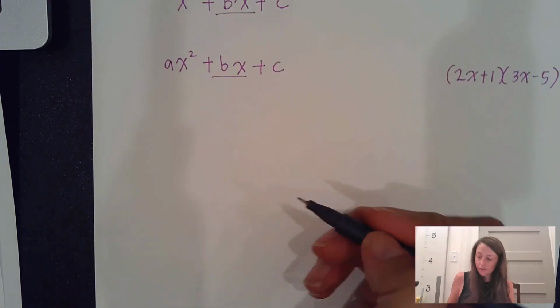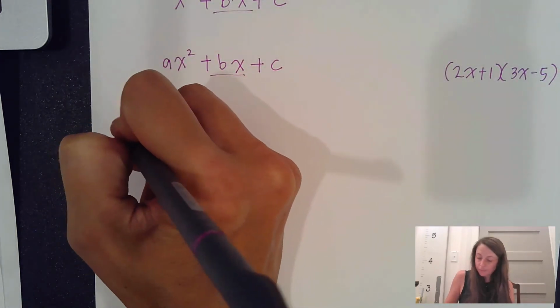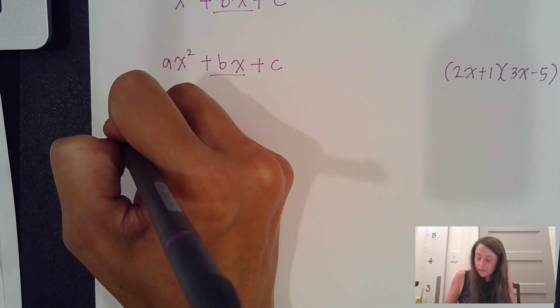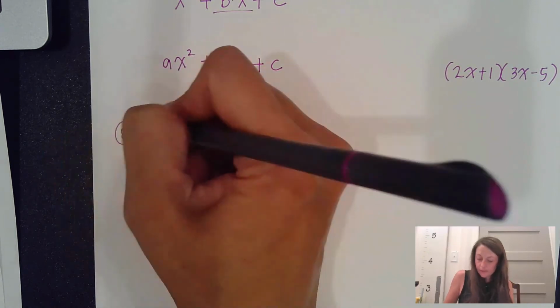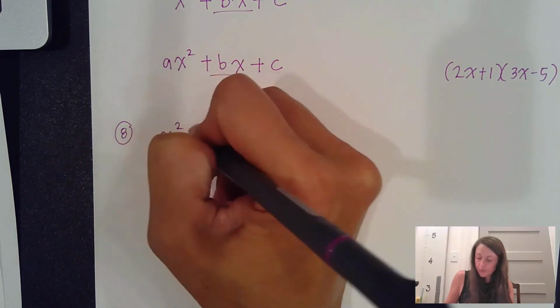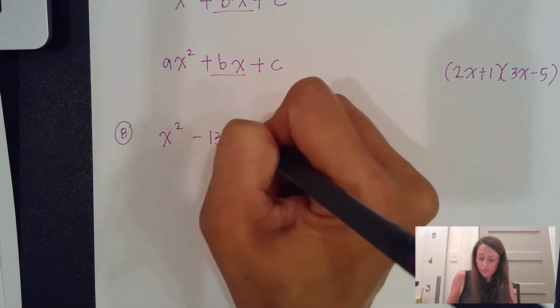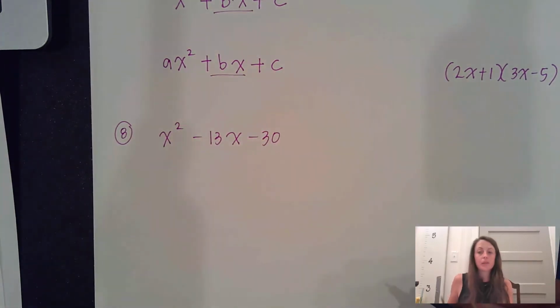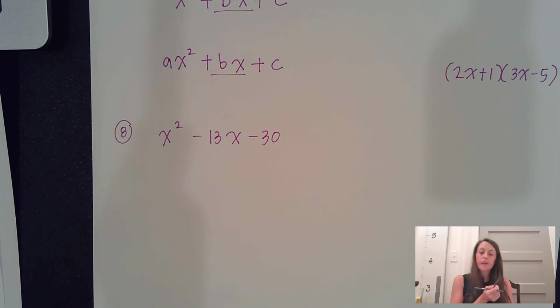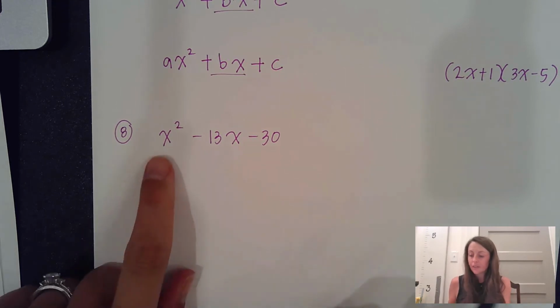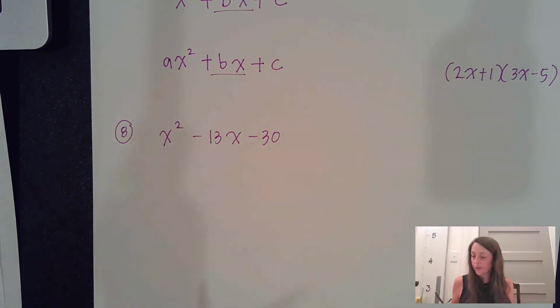Okay, so let's just go ahead and do one. And I think I'm on 8 here, and I'm going to do this one. This one is simple, but I'm going to do it the long way by grouping, just so that you can get kind of accustomed to the grouping method. You do not have to group this one because there is nothing in front of the x squared here, right?